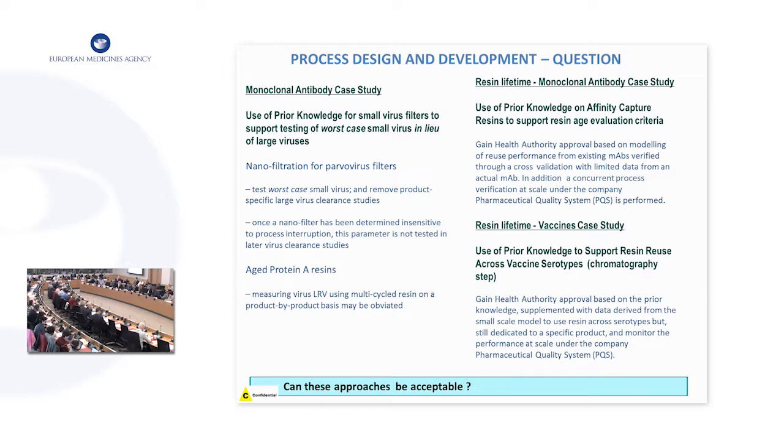But in the same manner, I think that the proposal for the MAb could be doable as well. That if you have the model that looks really predictive, in your large scale data, each run has some acceptance criteria that it needs to fulfill, and you have justified your acceptance criteria.